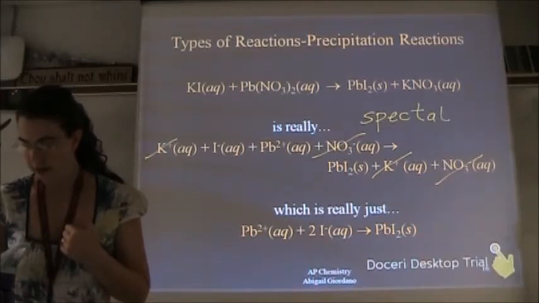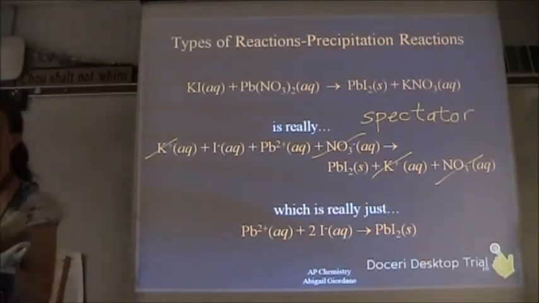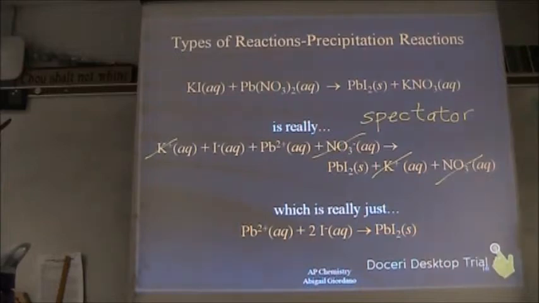spectator ions. Okay, spectator ions. And think about that word. If you go to a soccer match and you are a spectator, are you playing in the game? No. But are you at the game? Yeah, you're there, but you're not playing in the game.